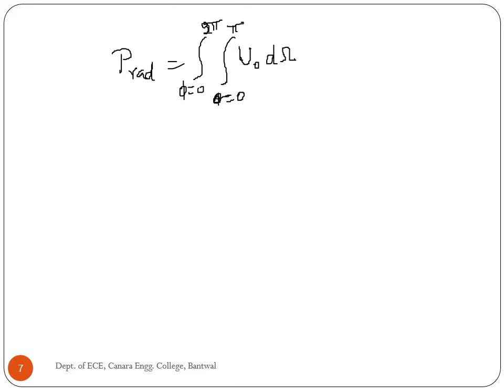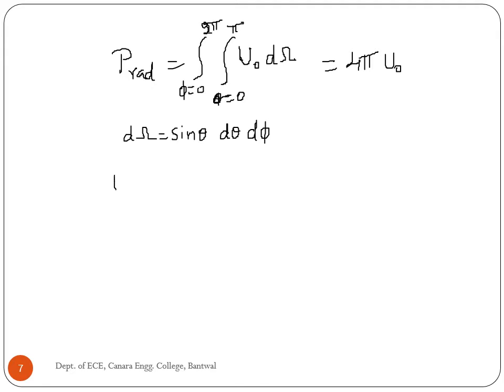Radiated power for isotropic source is given by the integral of the radiation intensity of the isotropic source, with phi from 0 to 2 pi and theta from 0 to pi, which is equal to 4 pi U naught, where d omega is equal to sin theta d theta d phi.